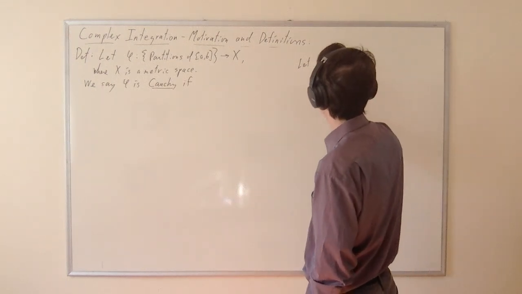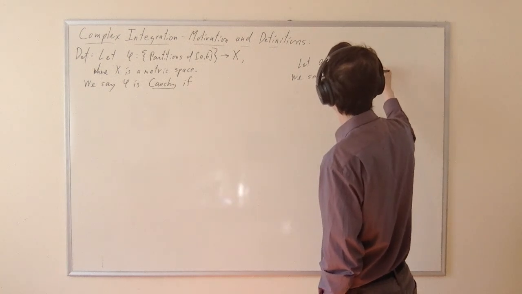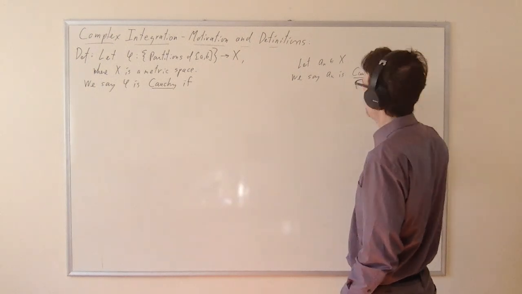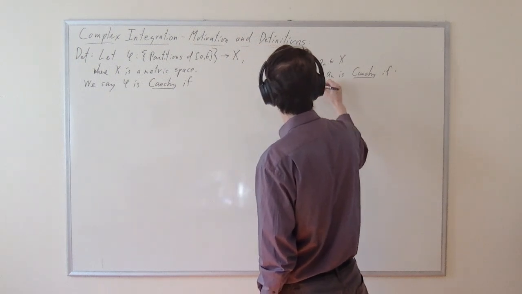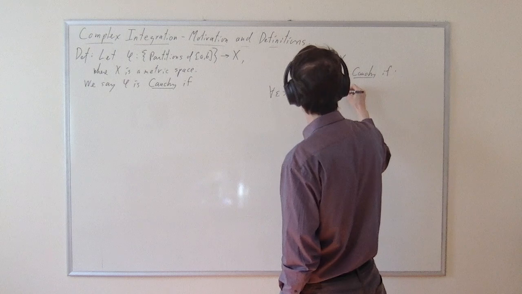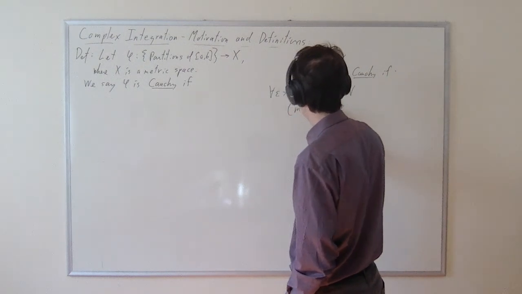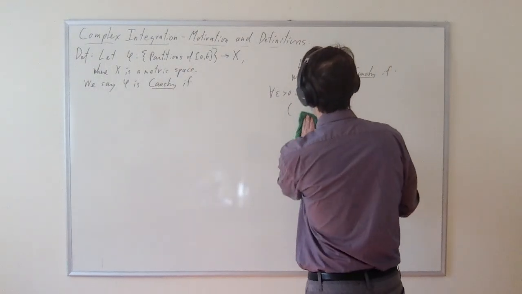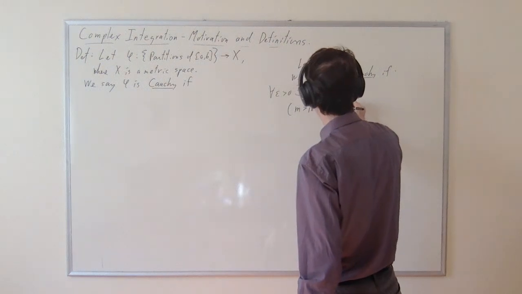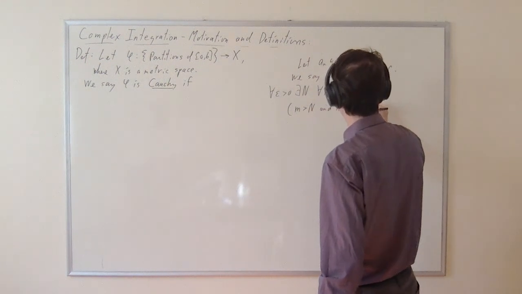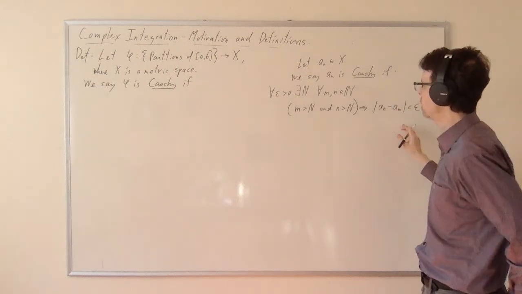So we say a_n is Cauchy if, for every epsilon greater than 0, there exists a capital N such that for every m and n in the naturals, if m exceeds N and n exceeds N, then the distance between a_n and a_m is less than epsilon.